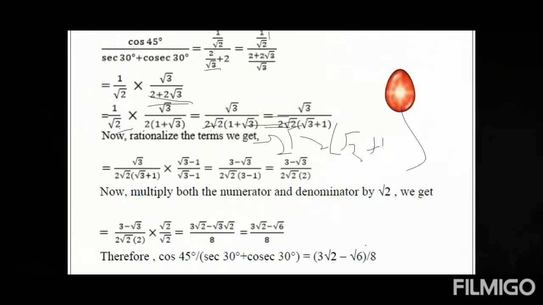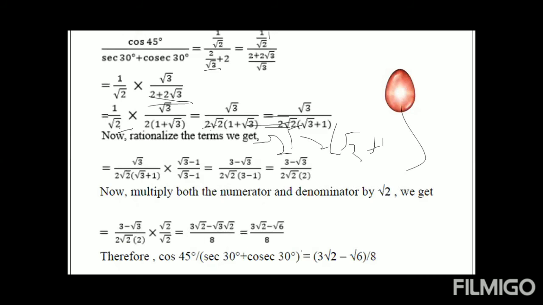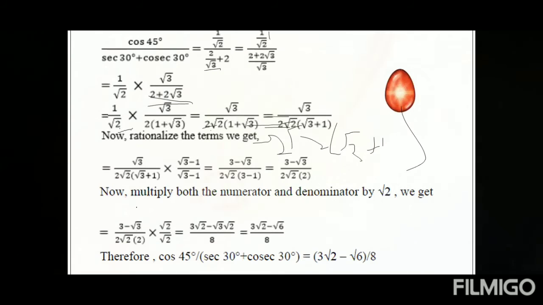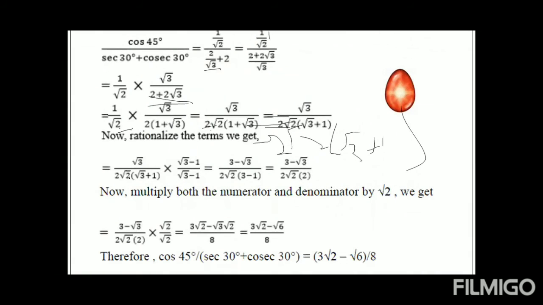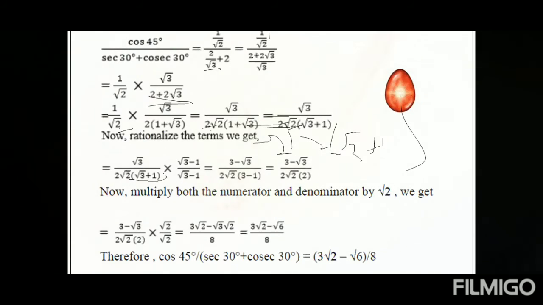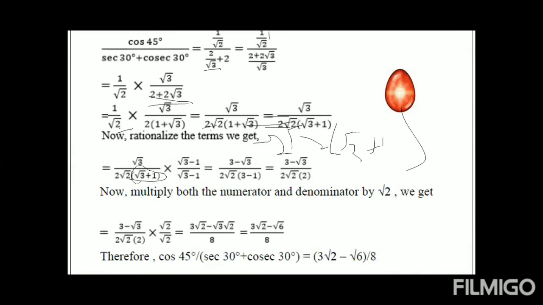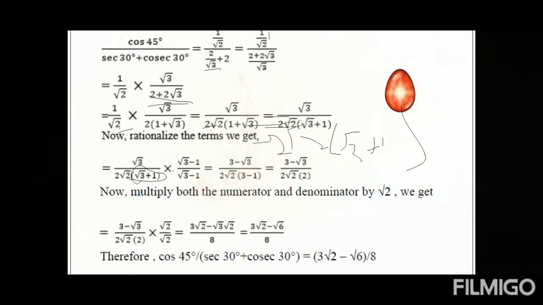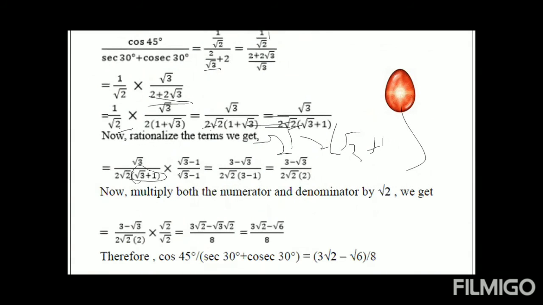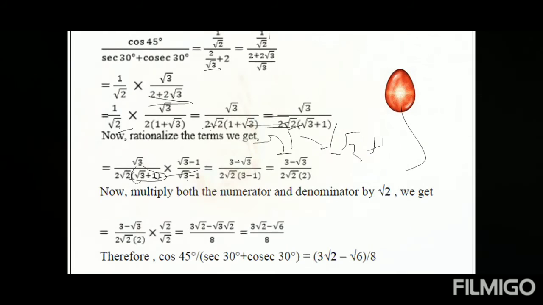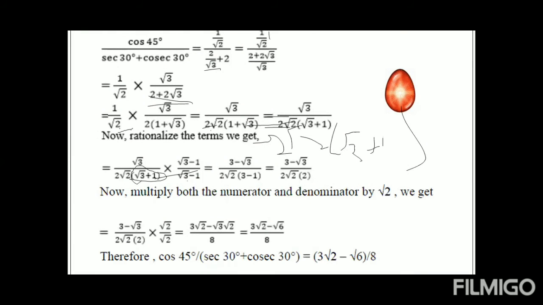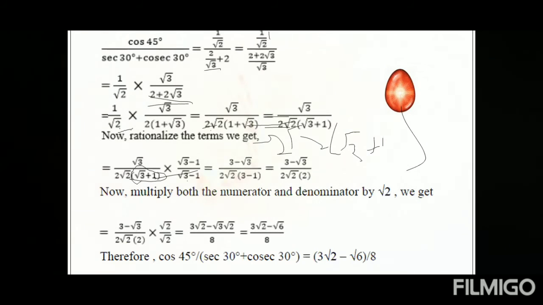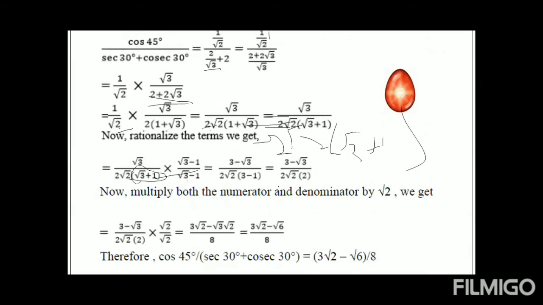Okay, and then it's not over. So you take this, you cross multiply root 3 plus 1. That is, you need to cross multiply by root 3 minus 1 over root 3 minus 1, and you get root 3 minus 1 by 2 root 2 into 3 minus 1.